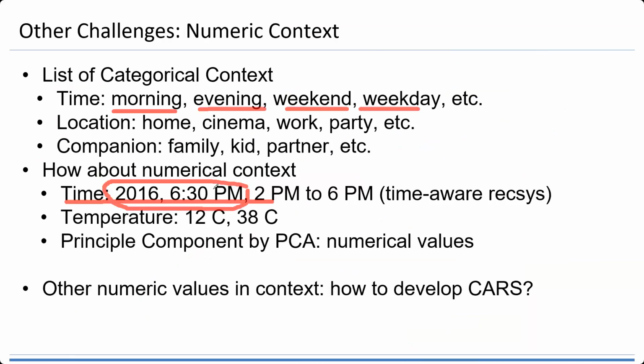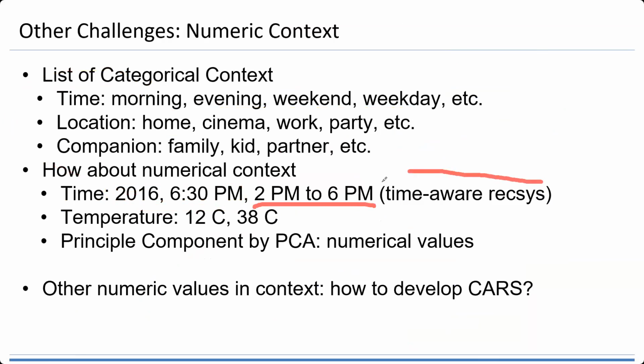How you can convert this one into a particular category? Or for example, I watched the movie in between 2 until 6 p.m. Because of the privacy issue, the users, they didn't want to tell you the time. So there are many issues with the time-aware recommendation system.